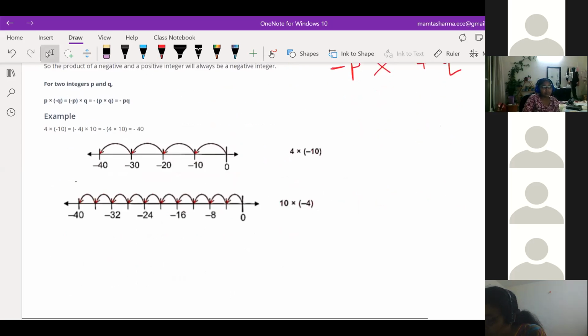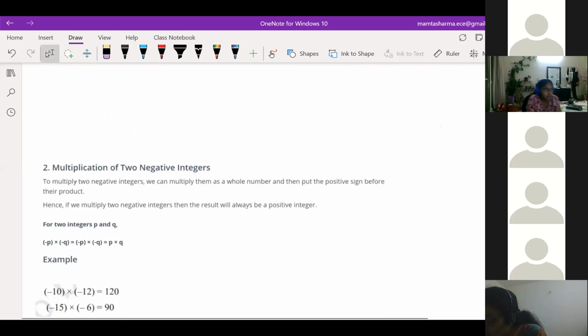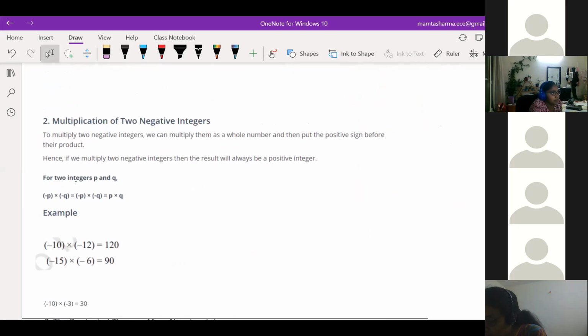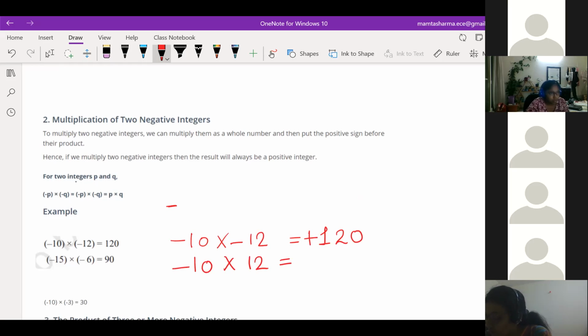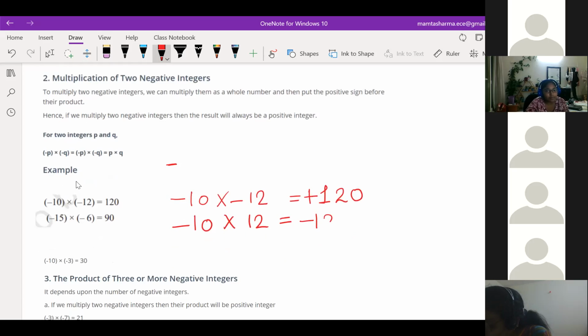So now, multiplication of two negative integers. It would be plus. If we multiply minus 10 with minus 12, it would be plus 120. If I multiply minus 10 into plus 12, it would be minus 120.